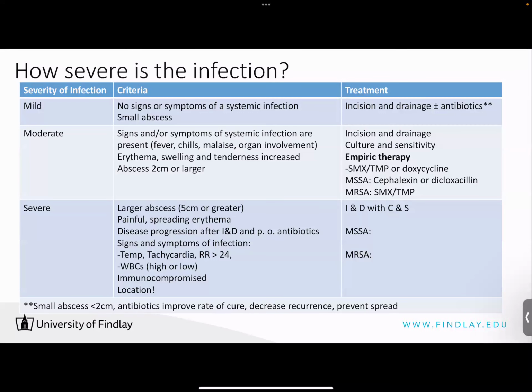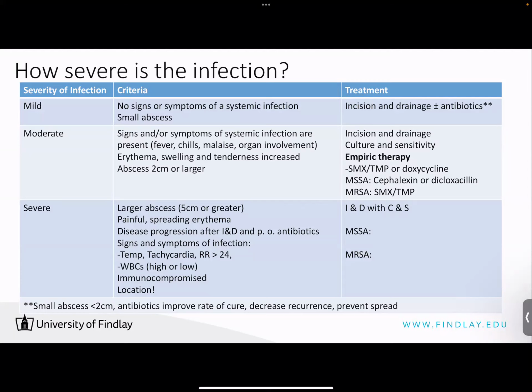And then this takes us to the concept of mild, moderate, or severe. This information should largely be similar to what's on the handout for cellulitis, but for the most part, a mild infection, whether it's an abscess or anything else, is characterized by the presence of the lesion, whether it's an abscess or cellulitis, which we'll get to, and virtually no signs or symptoms of infection outside of the lesion itself.